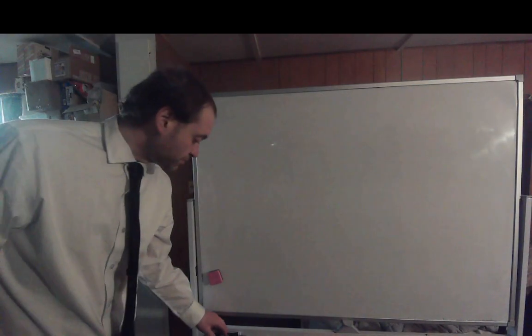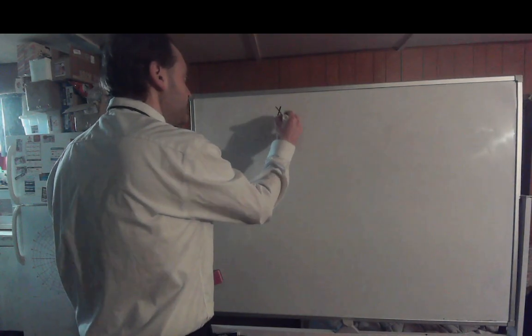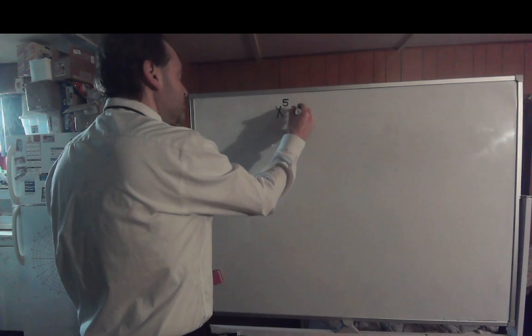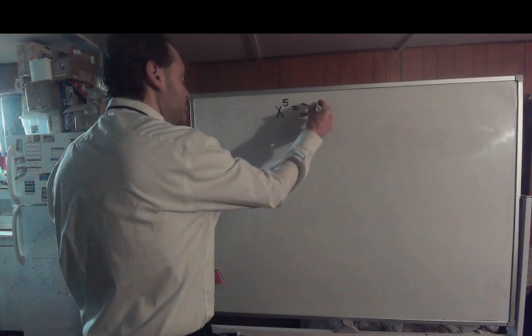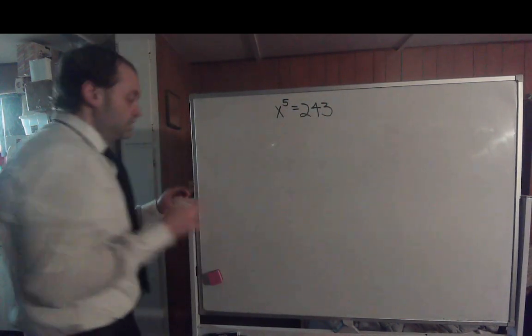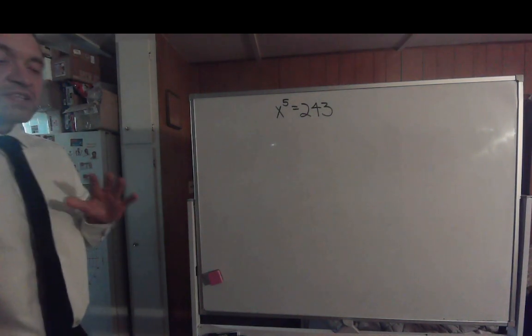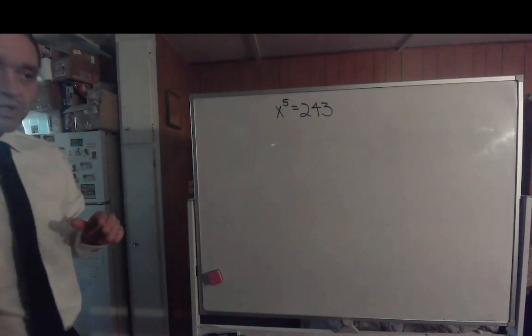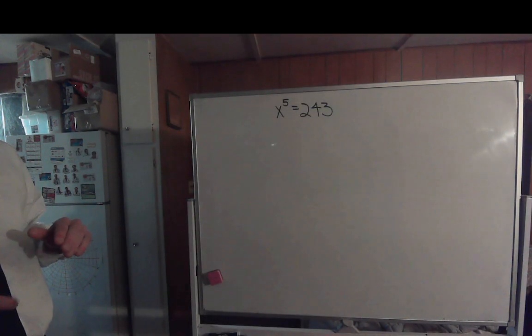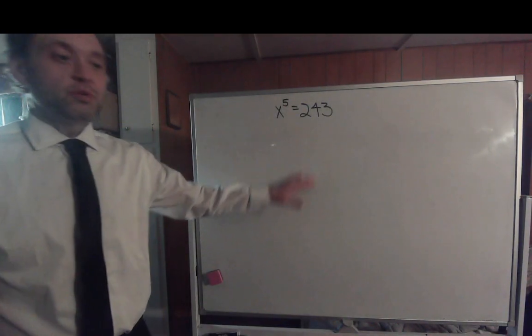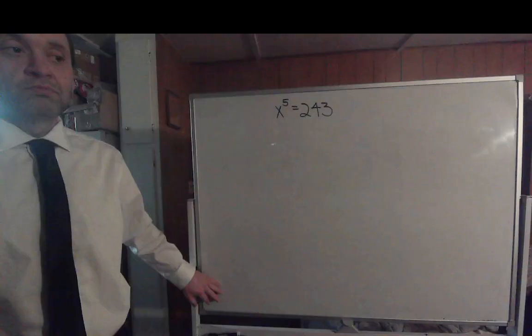Now let's talk about some other things here. Let's say we have something like x to the 5th equals 243. Now you're probably thinking we need to make this a polynomial and do a bunch of factoring.